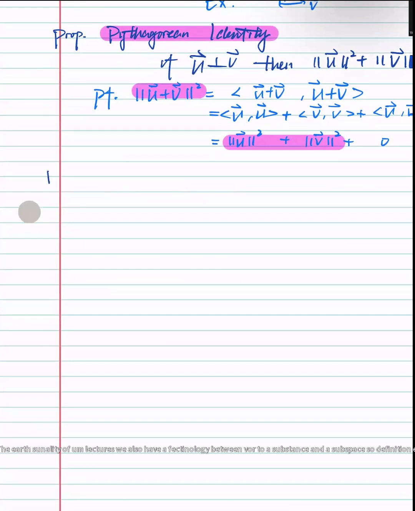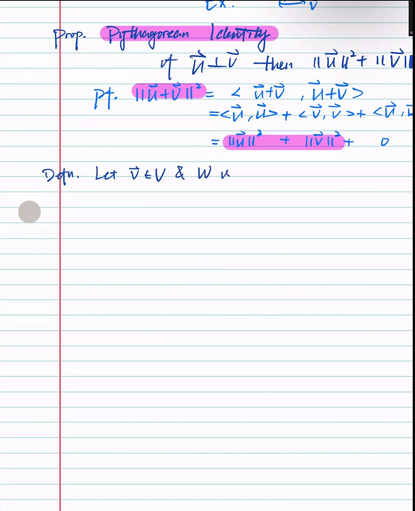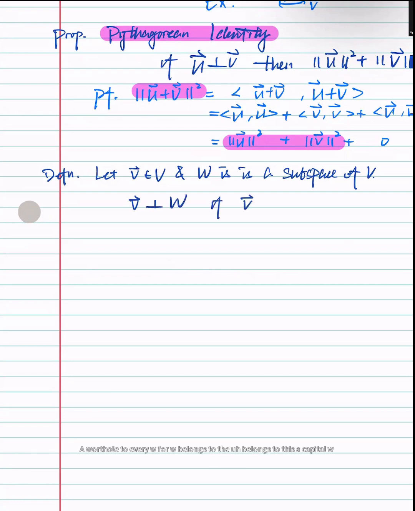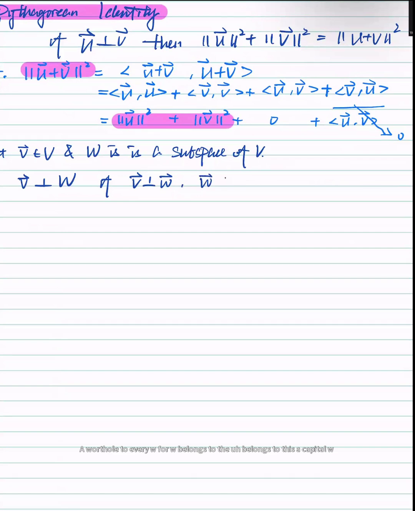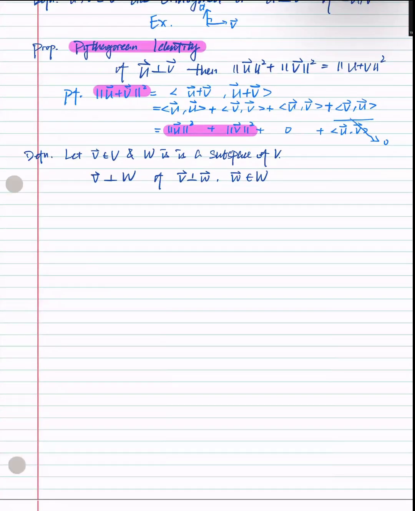So, definition: v belongs to V, and W is a subspace of V. We say v is orthogonal to the subspace W if v is orthogonal to every w belonging to this capital W.